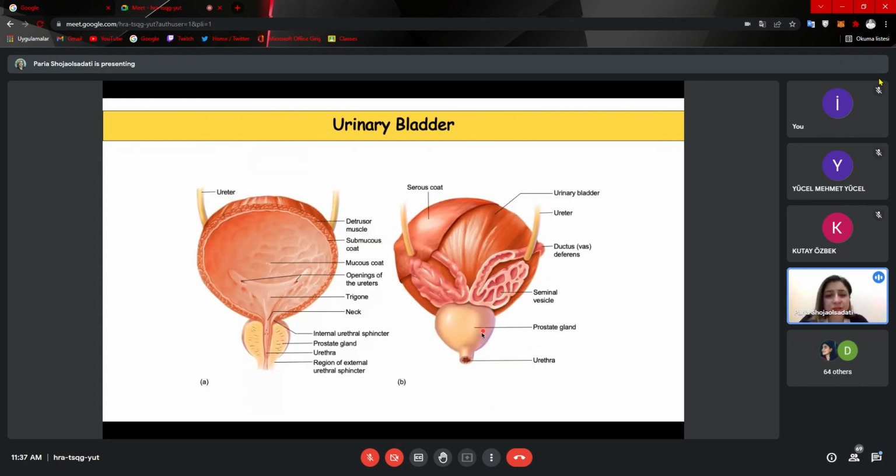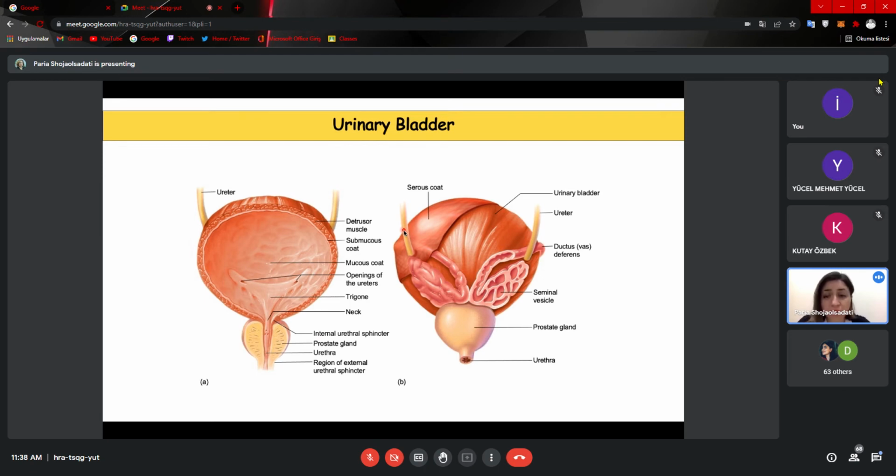You can see the dorsal view of these organs in the male, and a cross section or coronal section of the urinary bladder. You can see the prostate gland surrounding the neck part of the urinary bladder.